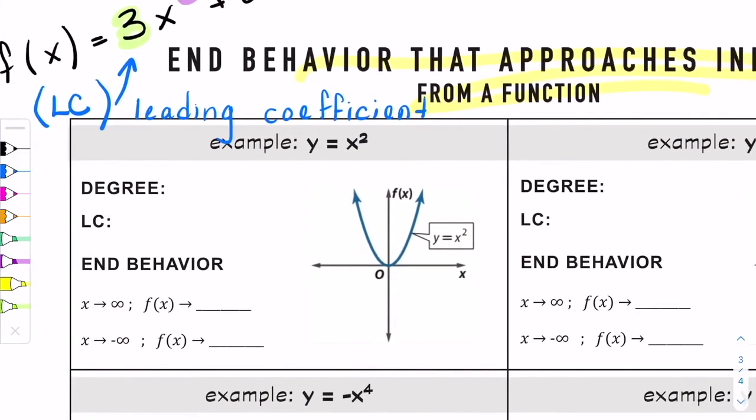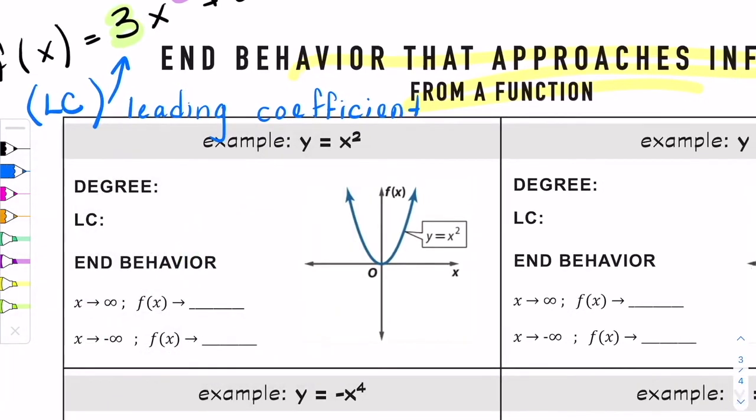First example, we have a leading coefficient of 1 and a degree of 2. What we specifically care about is that the degree is an even number and that the leading coefficient is positive.